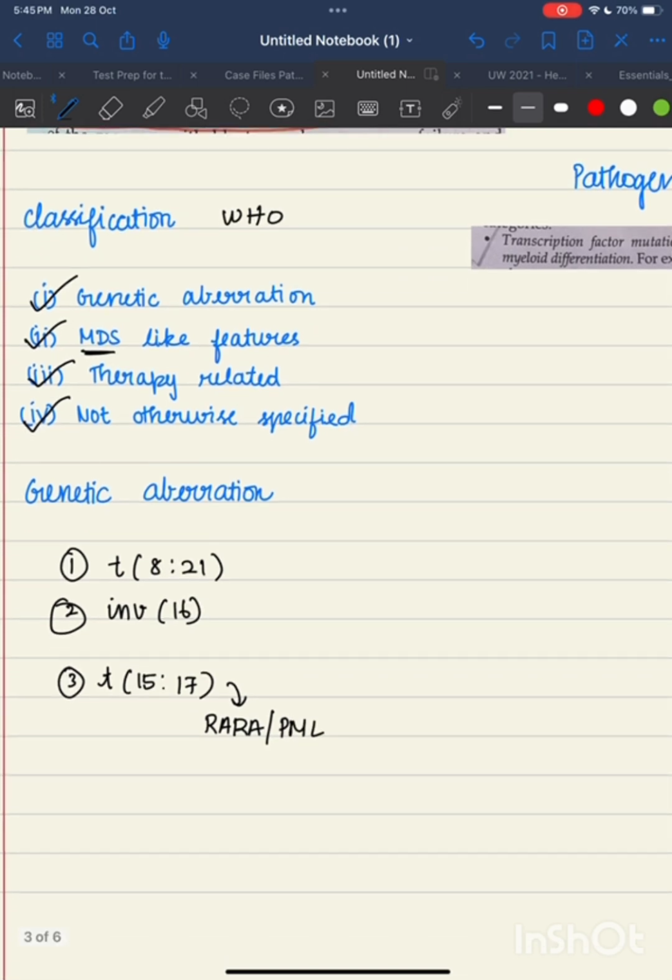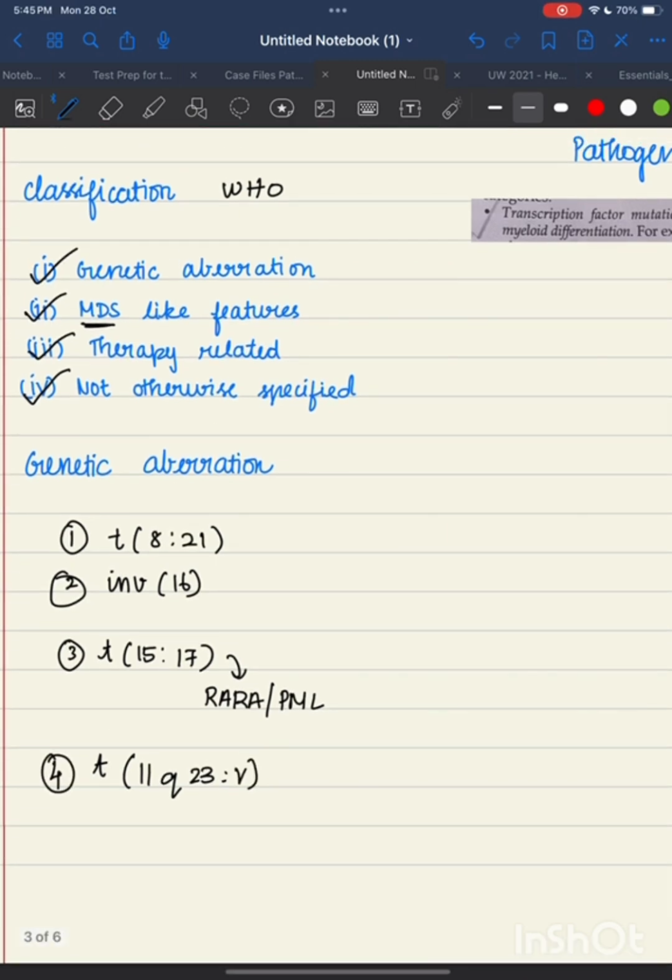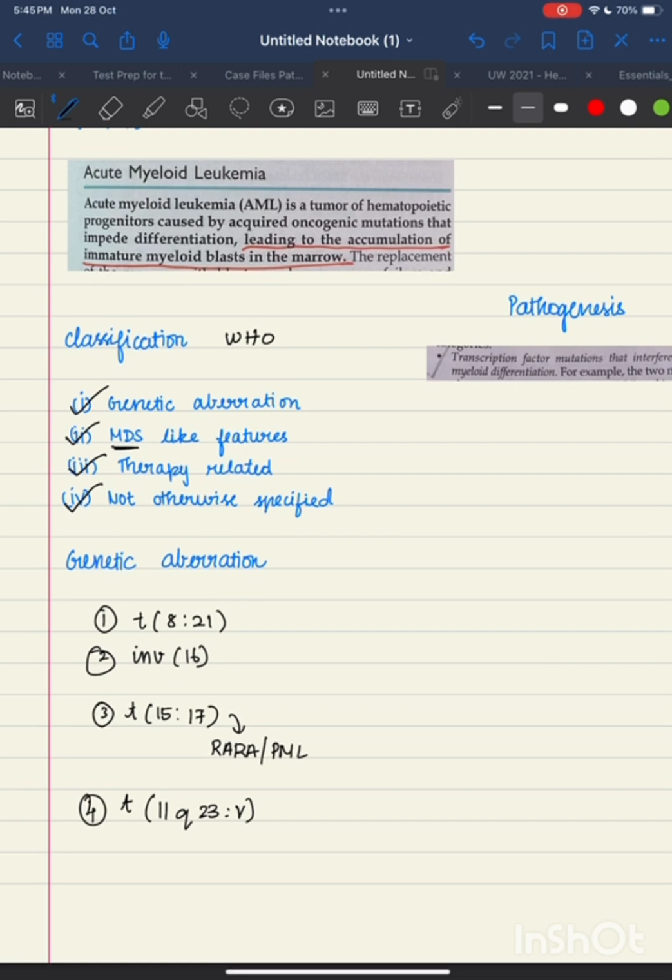Then we see t(11q23). So these are the common genetic aberrations we see in AML.